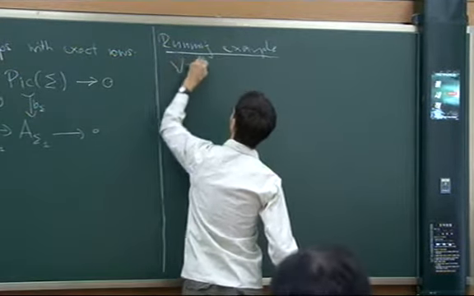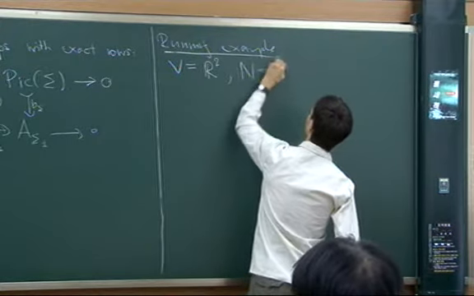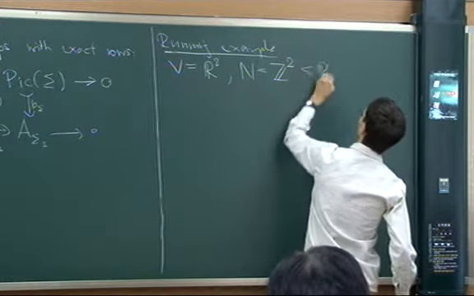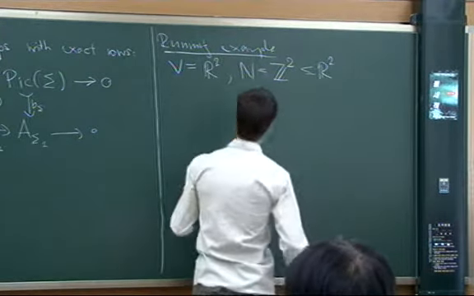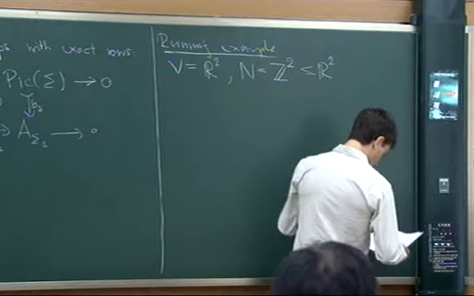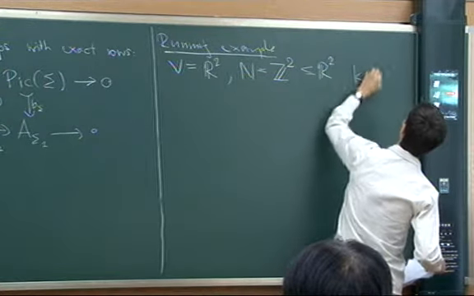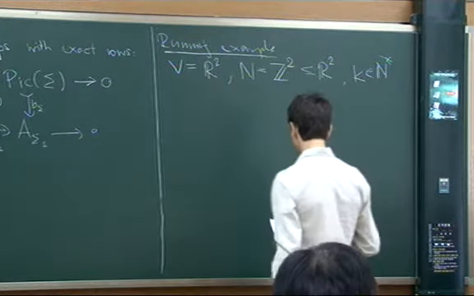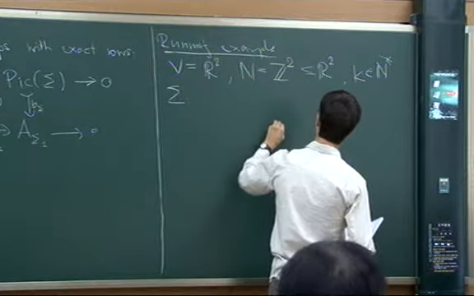Here our space is R^2, and our set structure is of course Z^2, as it is canonically embedded in our space. And then we also fix an integer, what shall I call it, k, bigger than 0, and as our fan we take the following.